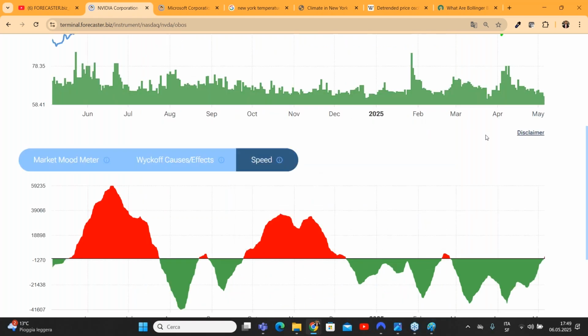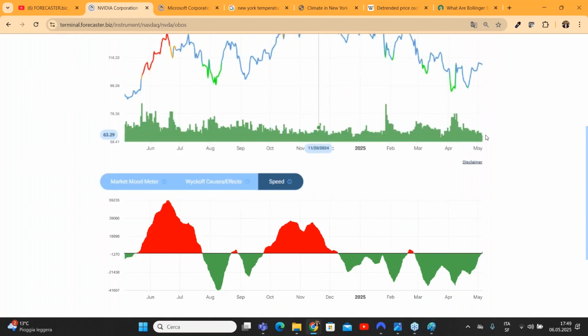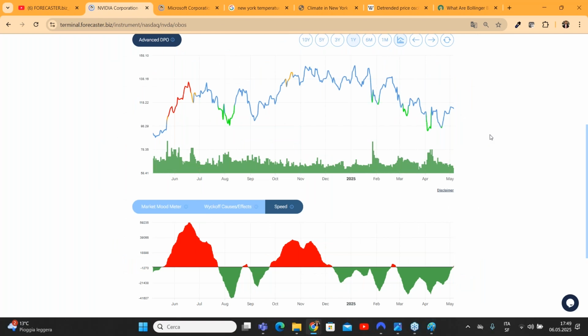And this is something amazing because you have to imagine this price chart as a car. What is happening when a car is approaching, let's say, a turnabout?